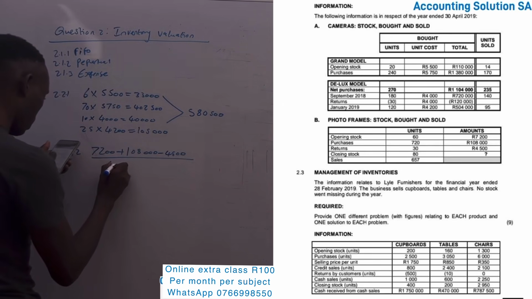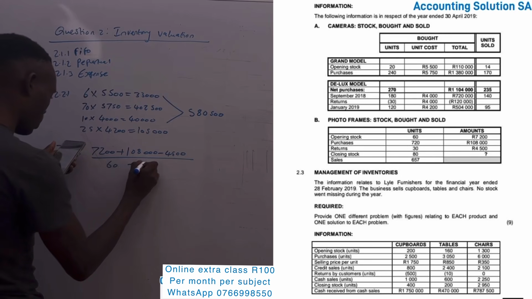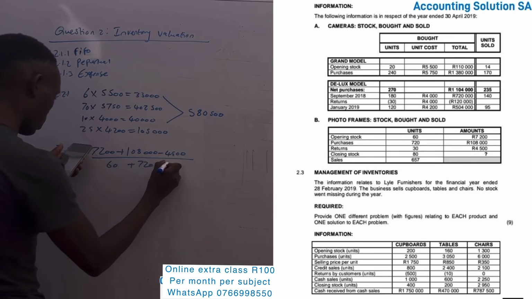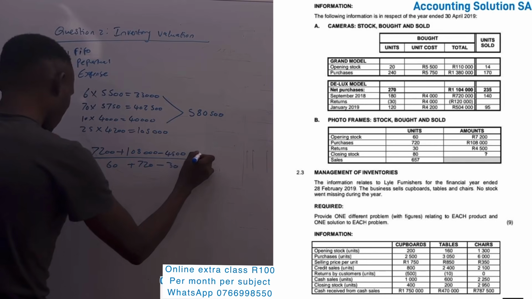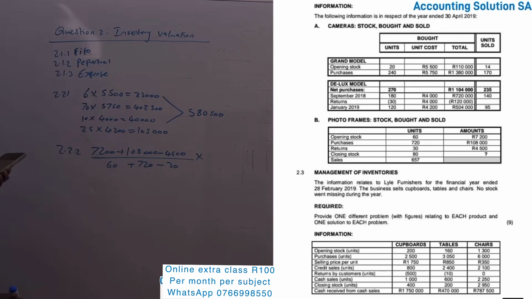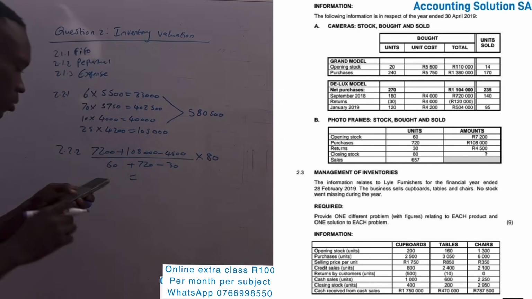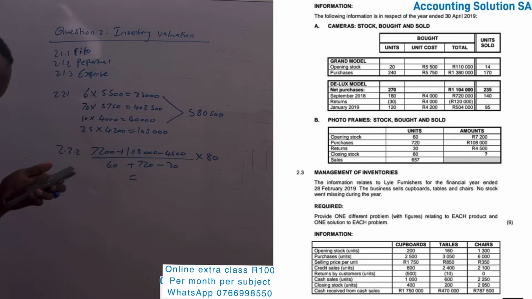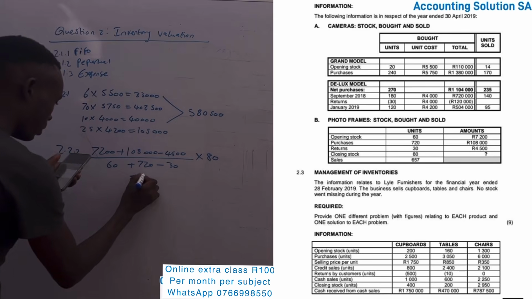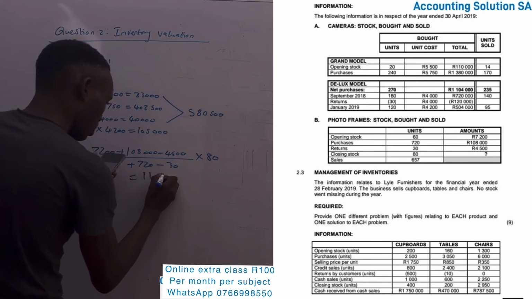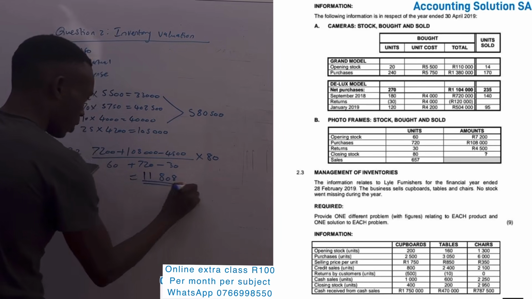We have 60 at the beginning, we purchase 720, and we return 30. After that we need to multiply by our closing of 80 units, which is going to give us how much? 11,808. That's how we calculate it.